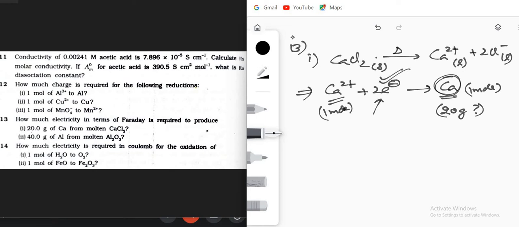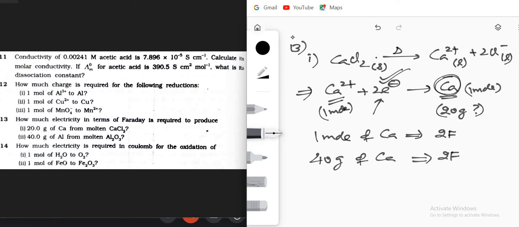I'll write here, 1 mole of calcium requires 2 Faraday of charge. 1 mole of calcium means 40 gram, which is nothing but the molar mass, right? Molar mass of calcium is 40 gram. So 40 gram of calcium requires 2 Faraday of electricity, right? Then 20 gram requires how much? 1 Faraday, sir. That's all, 1 Faraday of electricity, right?